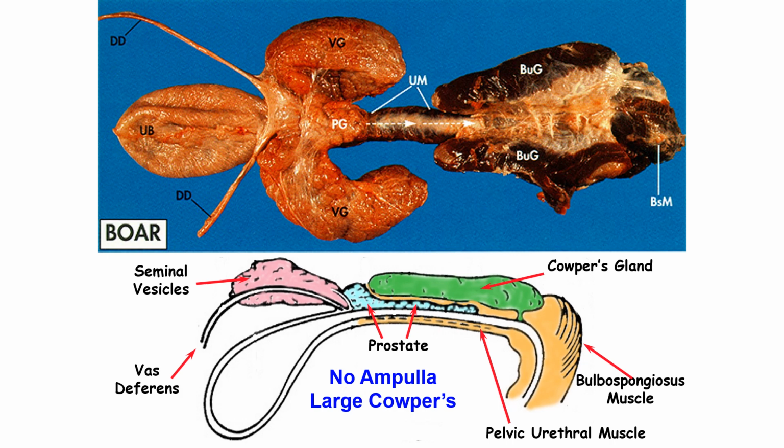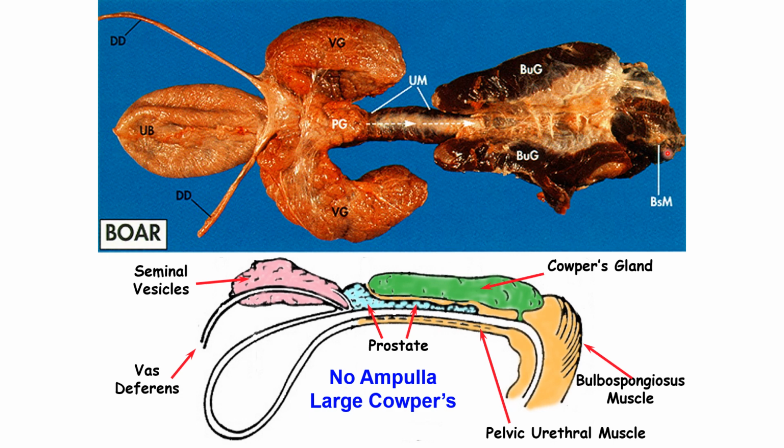This is the boar's pelvic part of the genitalia, showing the ductus deferens or the vas deferens. We have here the prostate gland, the vesicular gland or the seminal vesicle, and the pelvic urethral muscle. Under that is the disseminate part of the prostate. Notice that in the boar, it has a distinct and large bulbourethral gland, also known as the Cowper's gland.